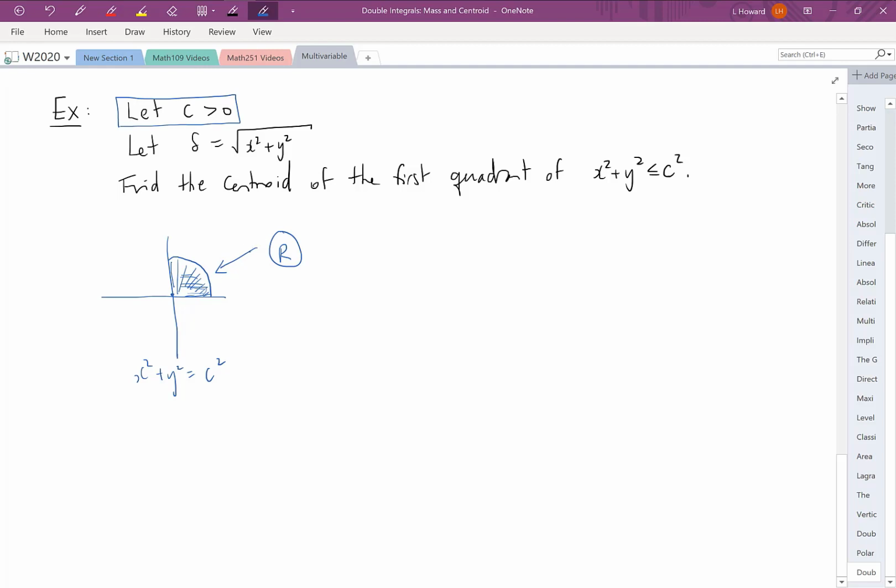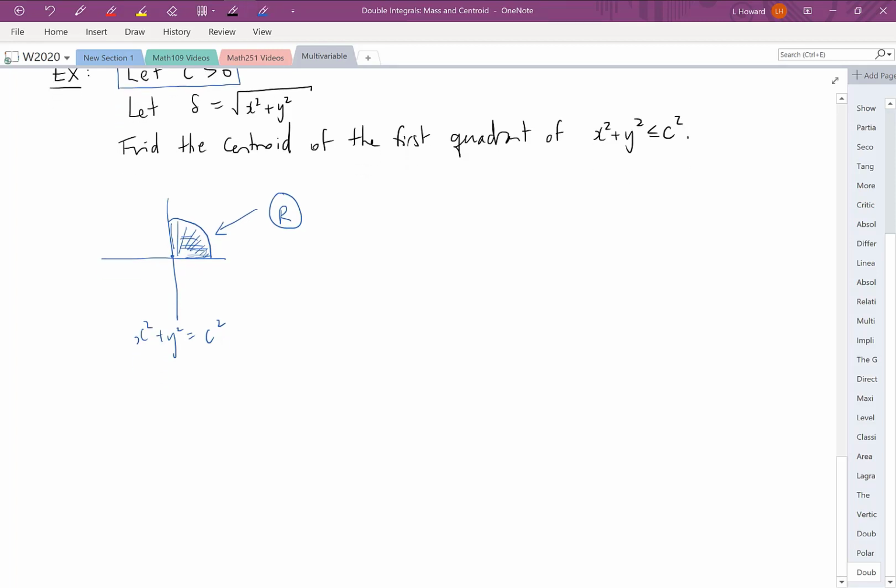All right, so let's think first about symmetry, because that will probably cut down the amount of work that we need to do. So our region is certainly symmetric about the line y equal x. And then let's ask if our function delta has the same kind of symmetry. So now let's look at our delta function.